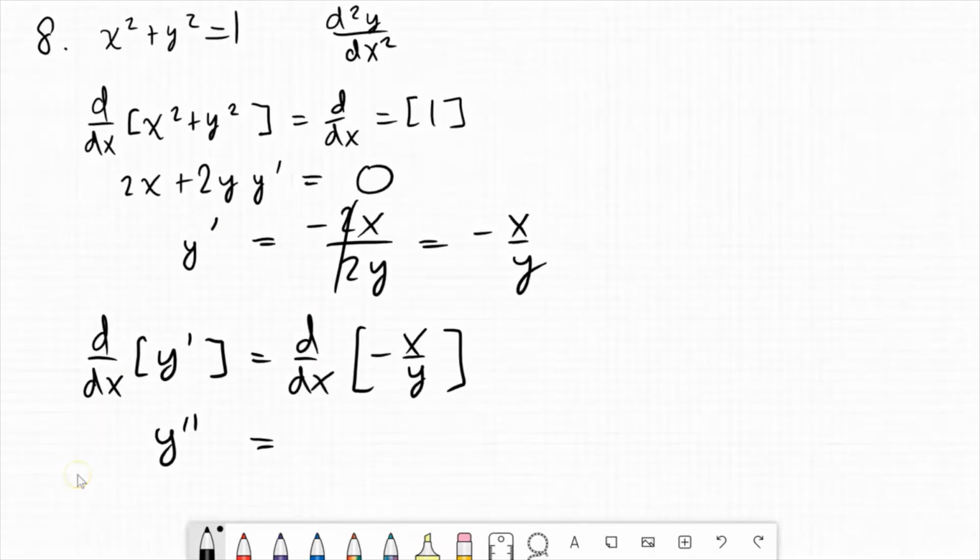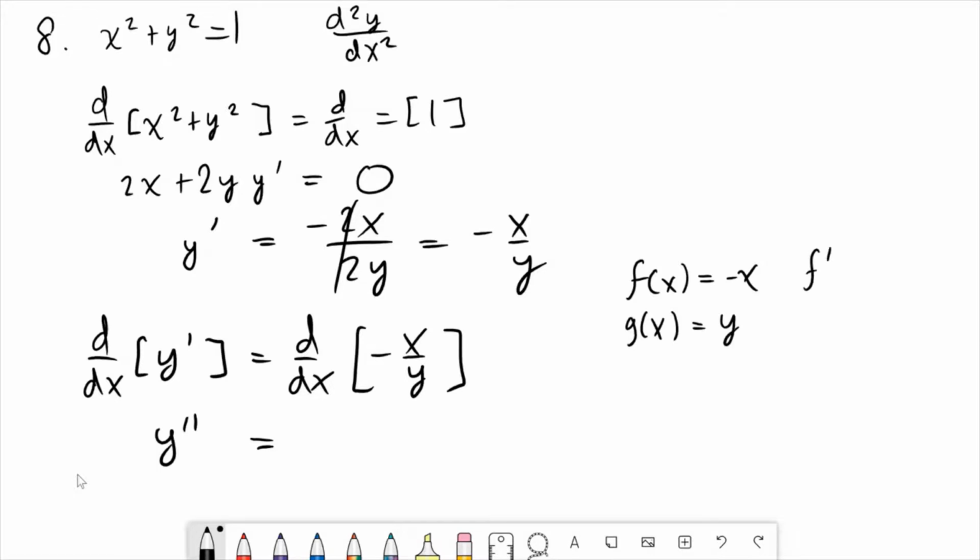The quotient rule will basically say, okay, so let's let the top be negative x and the bottom be y. That means the derivative of the top is negative 1, and the derivative of the bottom, g, is y prime, and then we just fill it in, right?